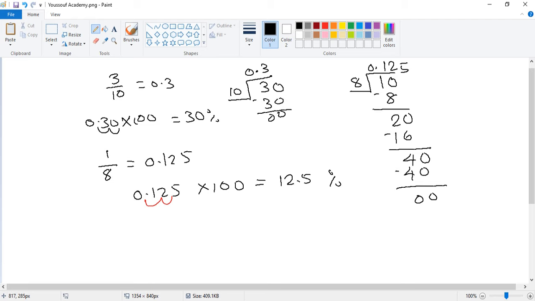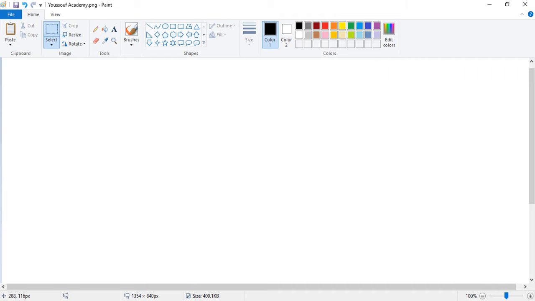For each of the following pairs, write down which is larger. We have here 0.35 and 32%.